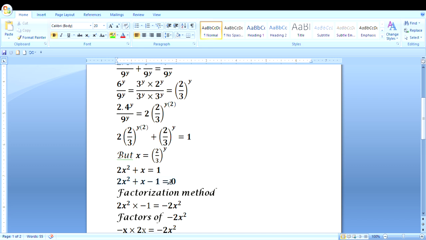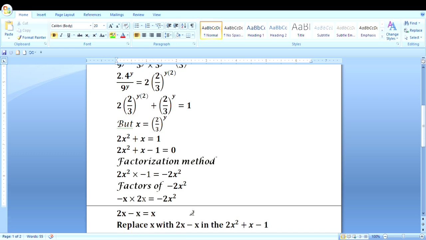Here we make use of the factorization method by first of all looking at the term containing the square. We multiply it by the constant term, and this gives us minus 2x squared. So now all we need to do is look for all the available factors of minus 2x squared which, if we add them together or subtract them, should give us the term containing x here.